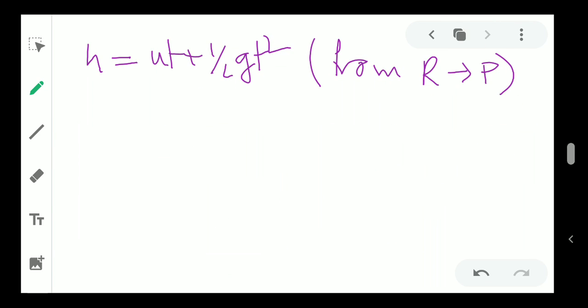We can see that h equals ut, which is 0 because the initial velocity is 0, plus half g t square. So my t square is 2h by g.